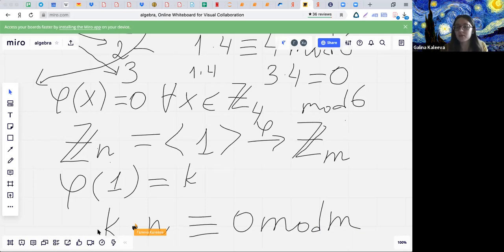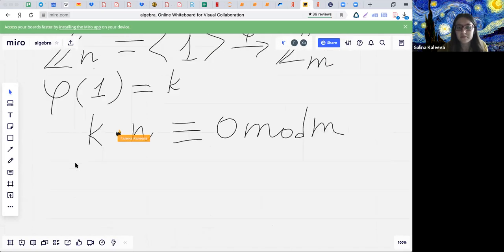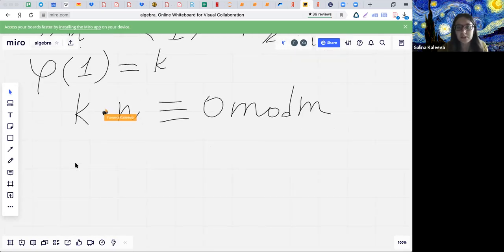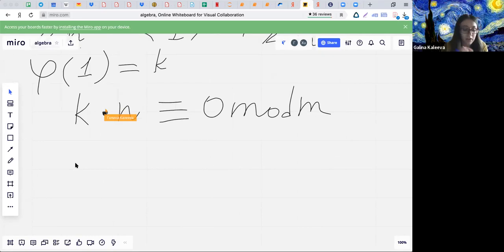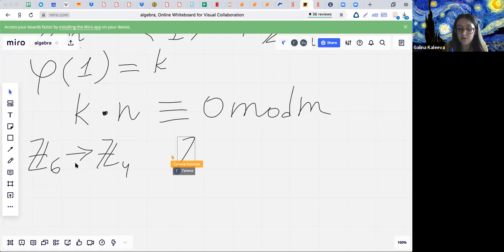Please ask questions if something is unclear. No questions? I think it's clear. Okay, nice. So my question is, please build all the homomorphisms from Z6 to Z4 and from Z4 to Z6 using this rule.